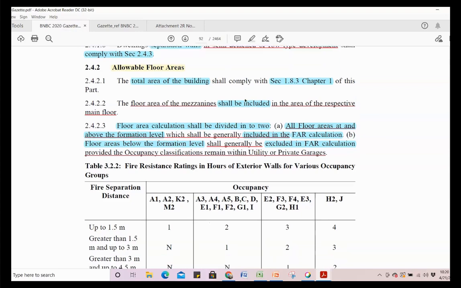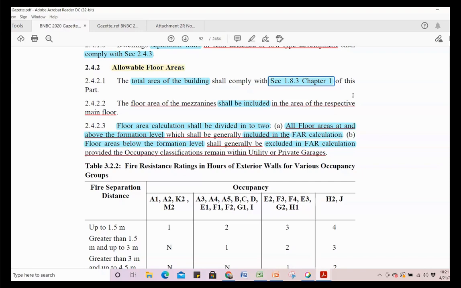Allowable floor area, another general piece of information for all occupancies, is that the total building area will be in compliance with section 1.8.3 of chapter 1. So again we are referred to section 1.8.3, which basically deals with the open space situation of a site and space requirements.